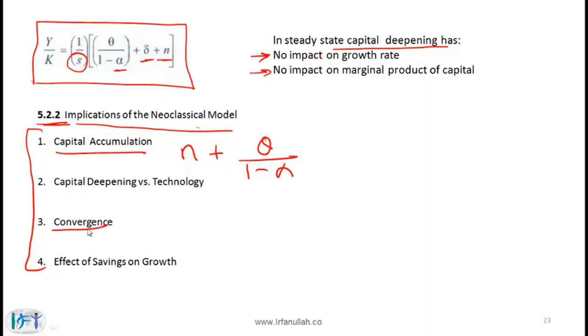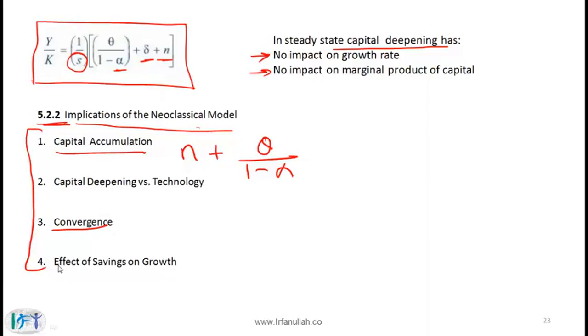And then convergence. Given the relative scarcity and hence high marginal productivity of capital and potentially high savings rates in developing countries, the growth rates of developing countries should exceed those of developed countries. And B, as a result, there should be a convergence of per capita incomes between developed and developing countries over time.